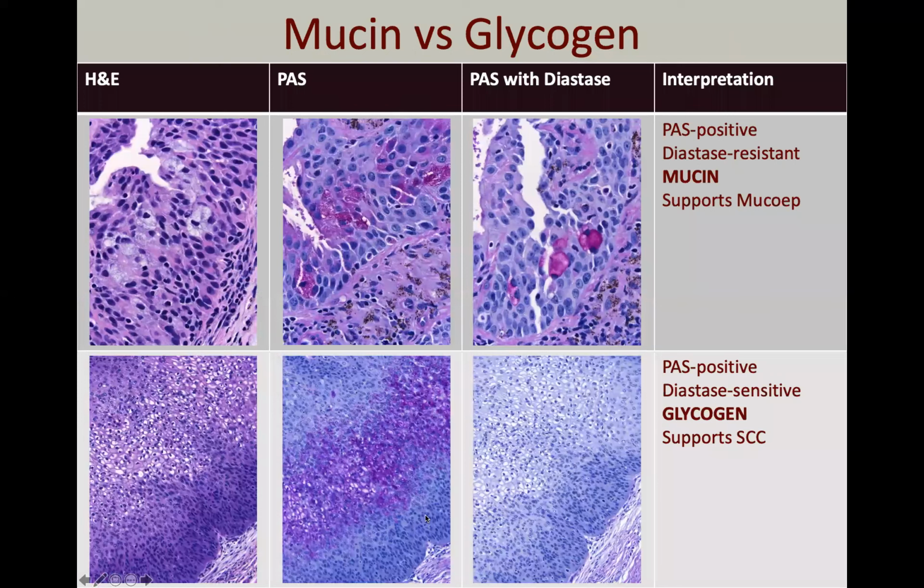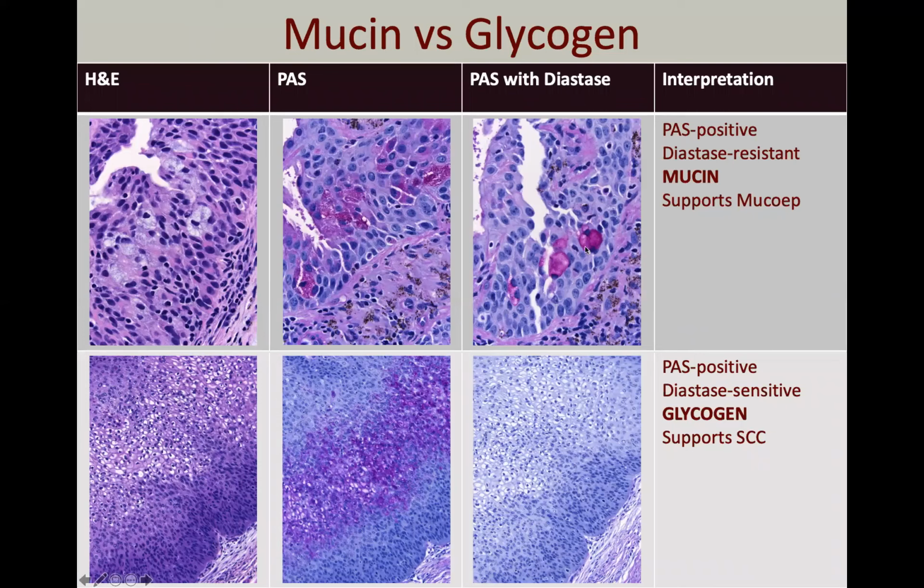If you're uncertain whether something in the cytoplasm of these cells is truly mucin versus glycogen, we can do PAS with diastase. So periodic acid Schiff will bind both mucin and glycogen, but only glycogen will be digested by the diastase, or so-called amylase, right? So PAS-D.